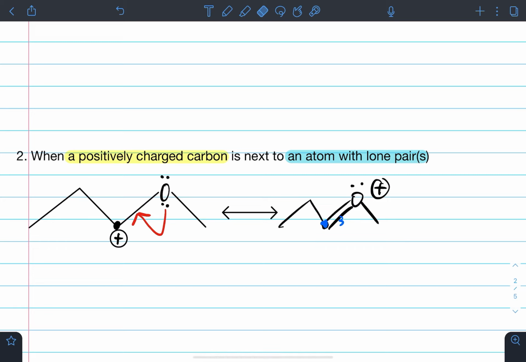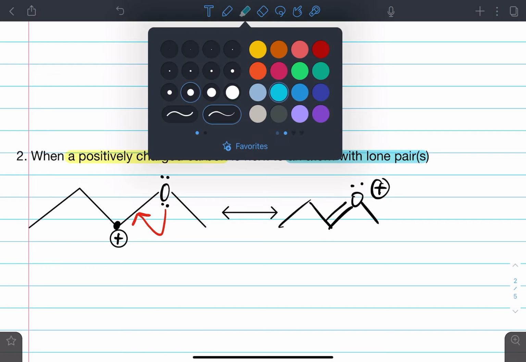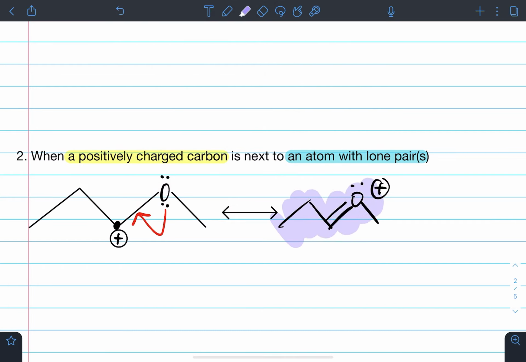And then just give you a nice picture of my final structure of this problem. Okay, this is the structure I would draw on my exam. Once again, I have a positively charged carbon next to an atom with lone pairs.